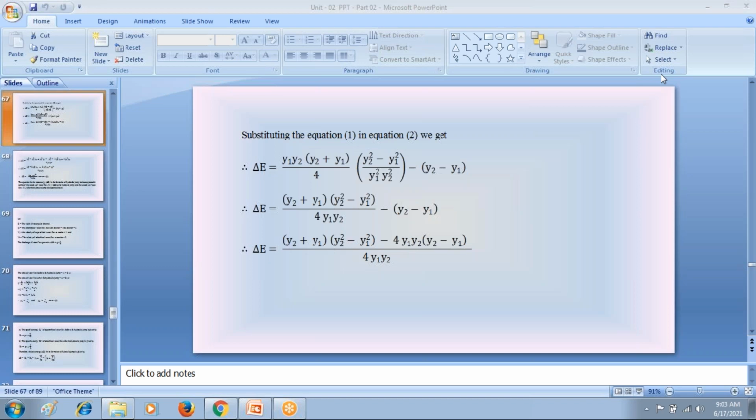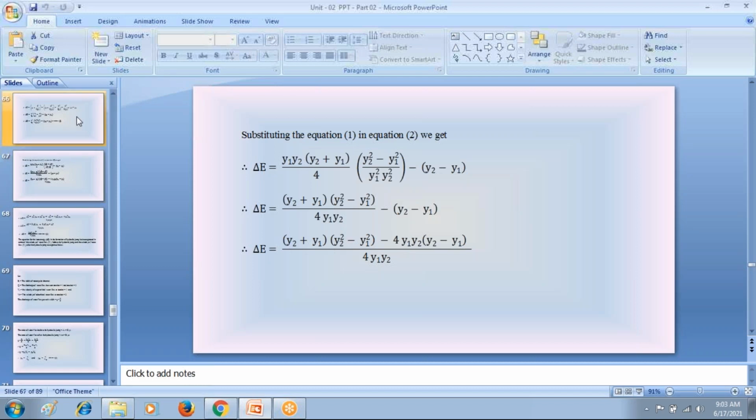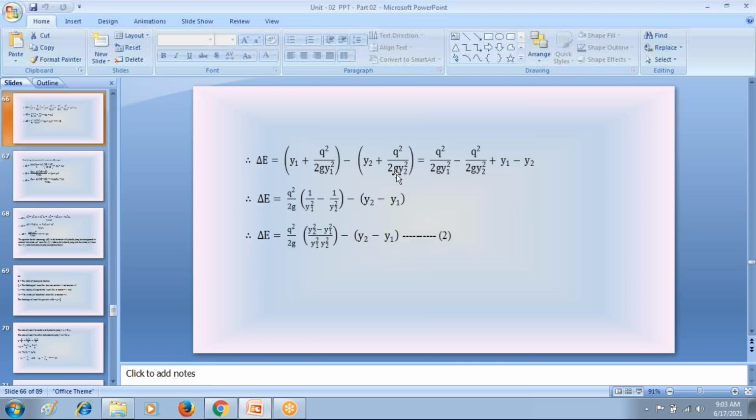By substituting the values of E1, E2 on the right side, then simplifying the right hand side, you will get the loss of energy. So here the loss of energy of water flow in the hydraulic jump delta E is equal to E1 minus E2.